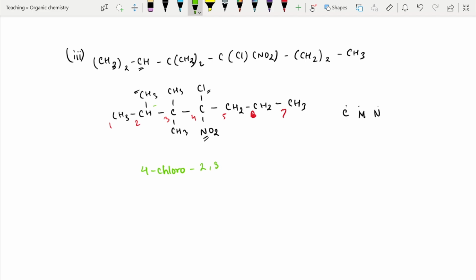Number 3 carbon has two methyls, one here and one here. So 2, 3, 3-trimethyl. Then 4-nitro, and the last is heptane, because there are 7 carbons in the main chain. Heptane, and it ends with E, right?